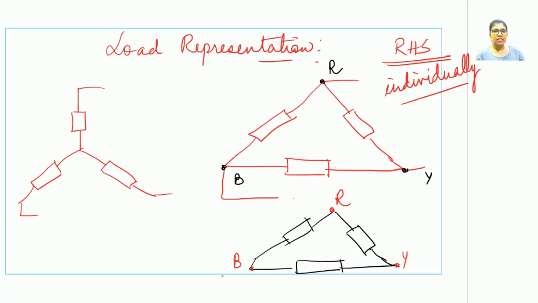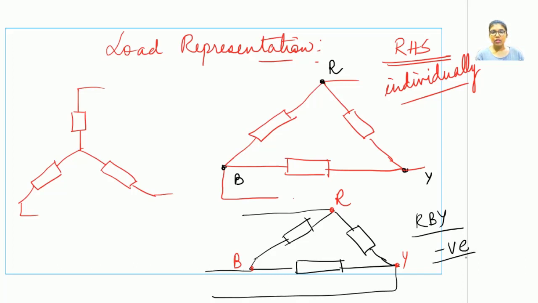They will consider this as the first phase, this as the second and this one as the third, which means they will be considering RBY sequence, negative sequence, which is incorrect. We are not going to use the negative phase sequence for our study.